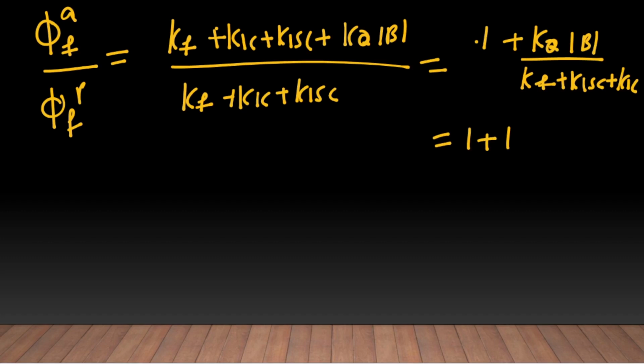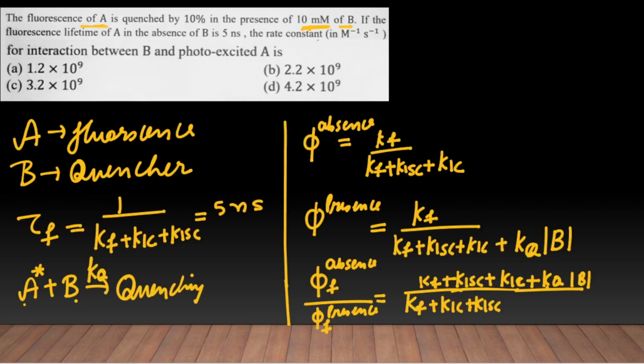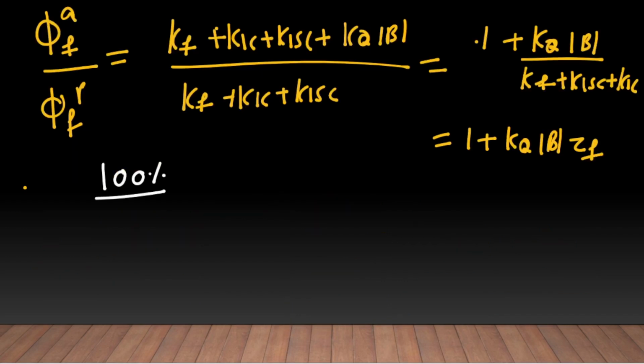This is equal to 1 plus KQ times the quencher's amount, and 1 upon Kf plus KISC plus KIC is the lifetime of the fluorescence, that is tau F, right? So now for the quantum yield in the absence and in the presence: if in the absence it is 100%, in the presence they are saying 10% is quenched, so the remaining fluorescence yield is 90%.